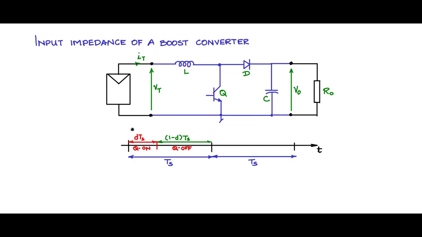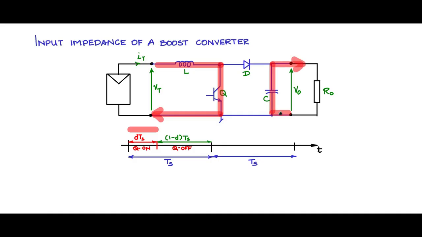Now consider the on time. When Q is on, what happens? When Q is on, the current flows through this path during that time. Not only that, this current flows like this. The capacitor is also continuously discharging to the load.